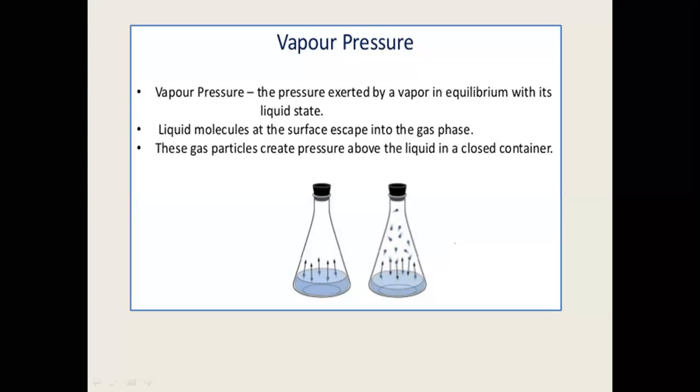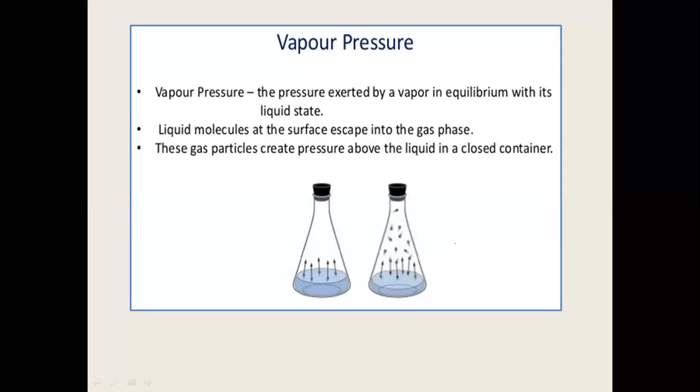But instead of having an open flask, you plug the flask with a cork. That means you are enclosing the flask. So this is a closed container now. What happens to the vapors which are getting liberated from the liquid? They all collect on the surface of the liquid. Once they collect there, they start exerting pressure on the surface of the liquid.